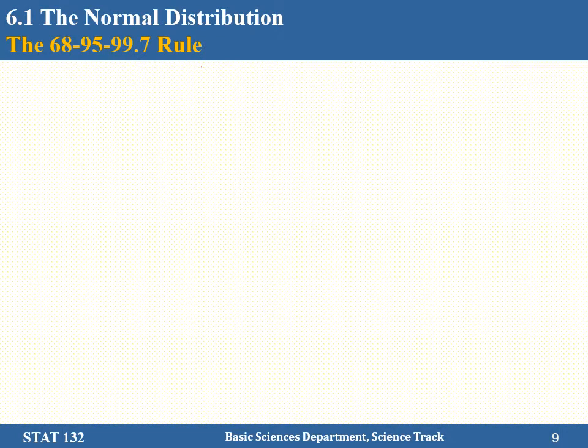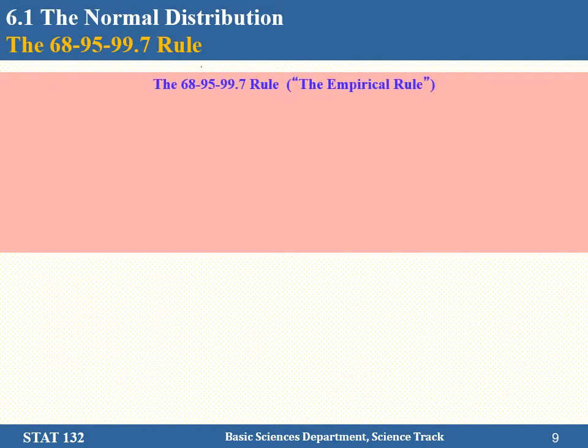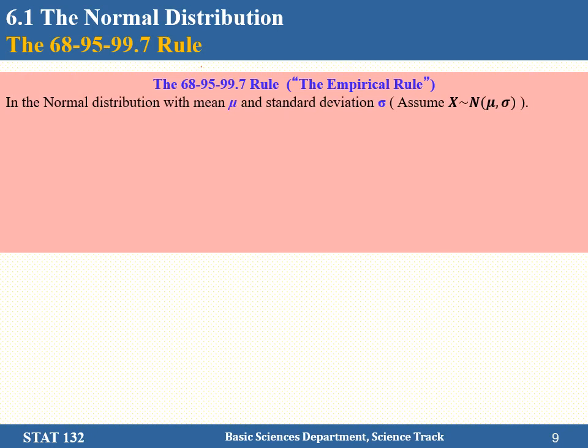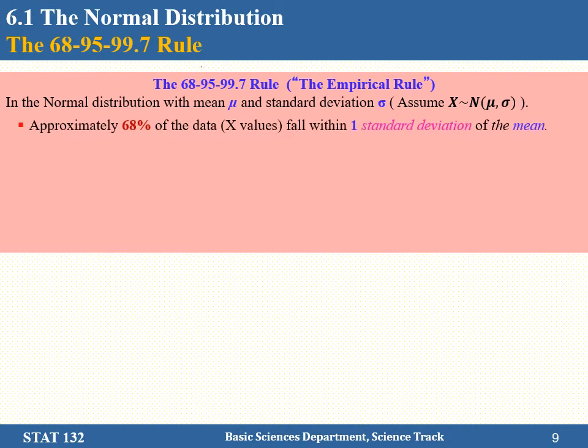Now we will learn a rule about the area under the curve. Assume we have a random variable which is normally distributed with mean mu and standard deviation sigma. In this case, approximately 68% of the data, or the x values, fall within one standard deviation of the mean.